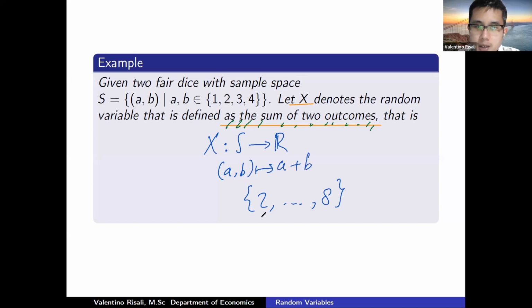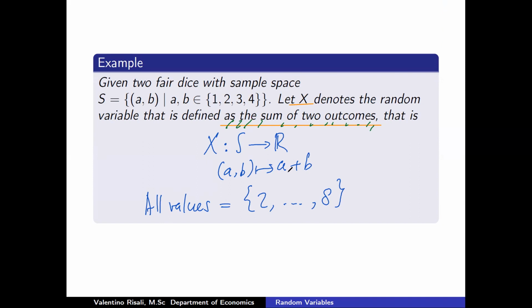And your answer for this set is all possible values, isn't it? You mean this is the set of all values? Yes.